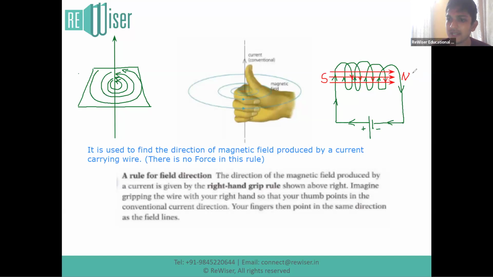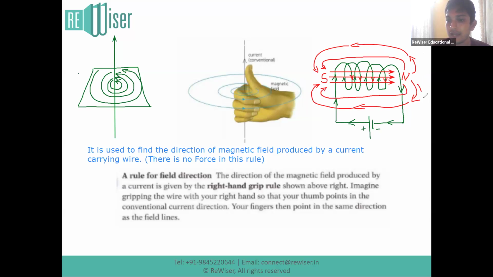And obviously outside, it will go north pole to south pole, forming the closed loop pattern that we have known to understand. Again, I'm drawing more closer field lines closer to the poles and closer to the coil. As you go farther away, I'll draw less and less number of field lines.